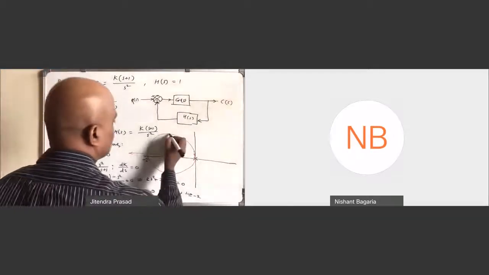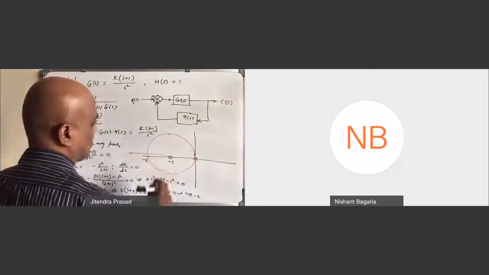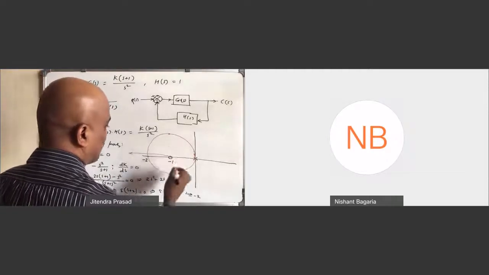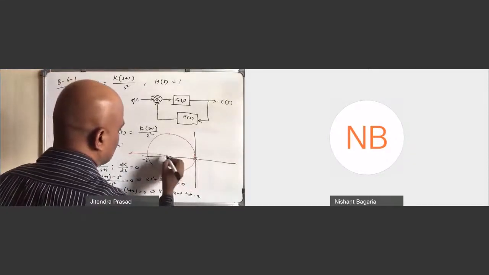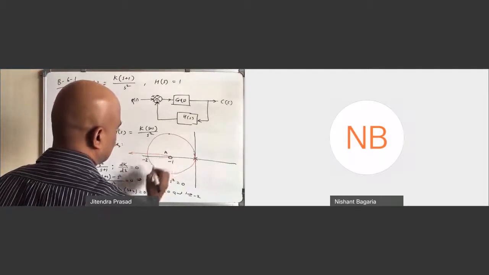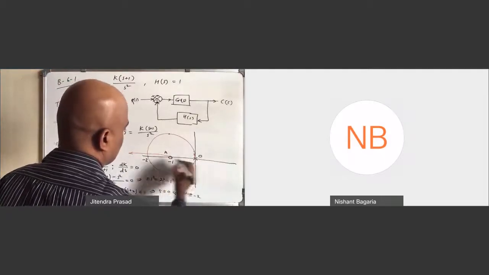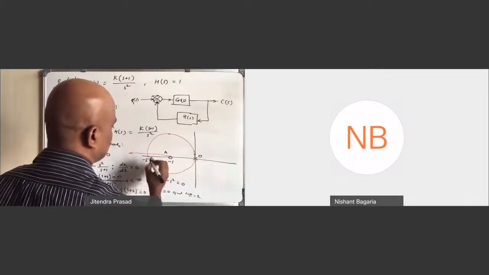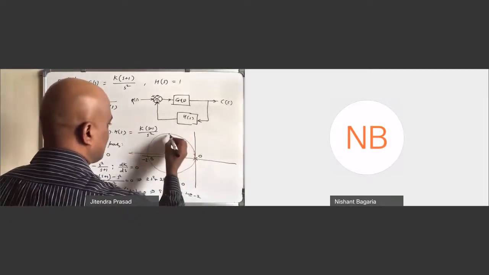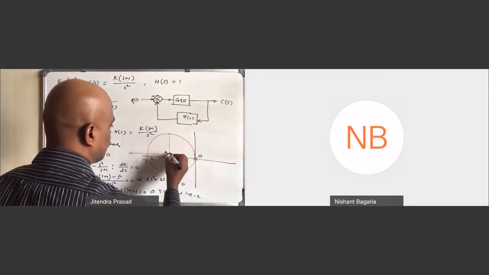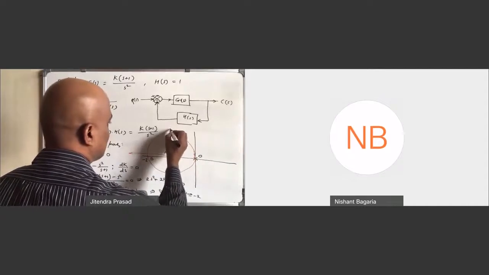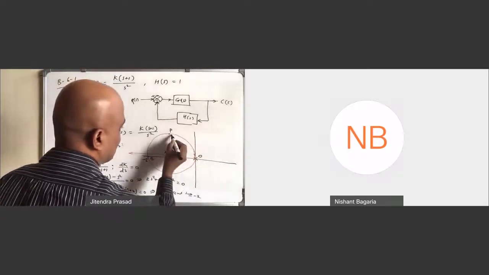So let us say this is the point, and let's call it point A. This is point 0, point A, and point B. Okay, so let's join it. This is point P. We are going to join it like this.